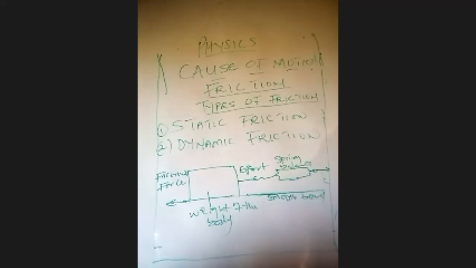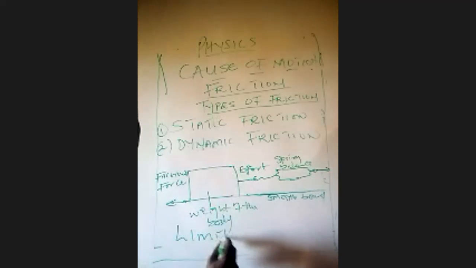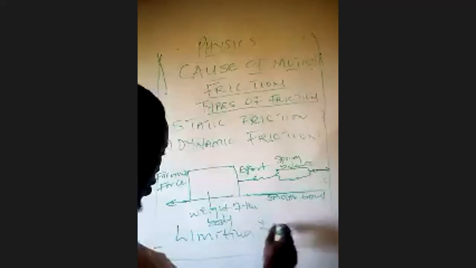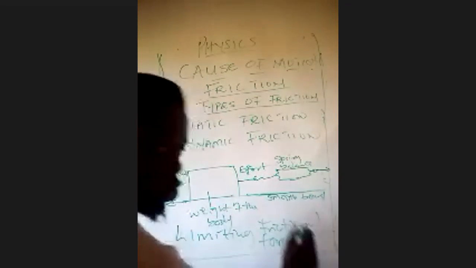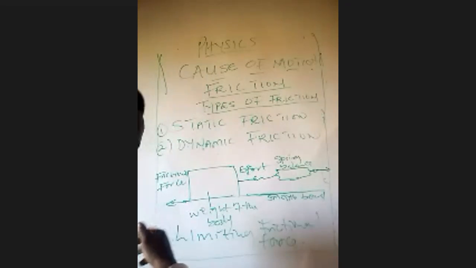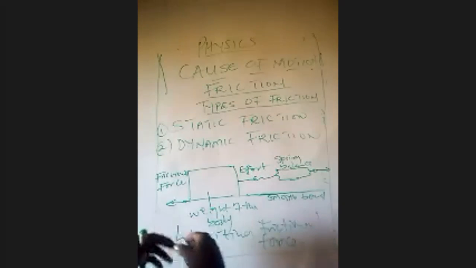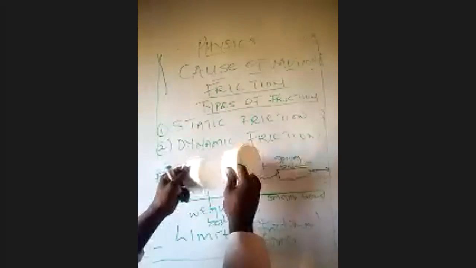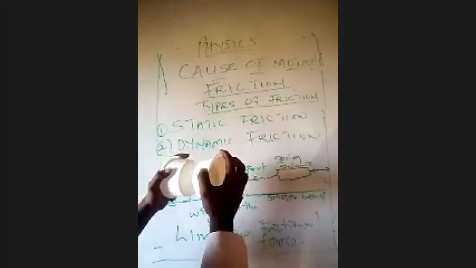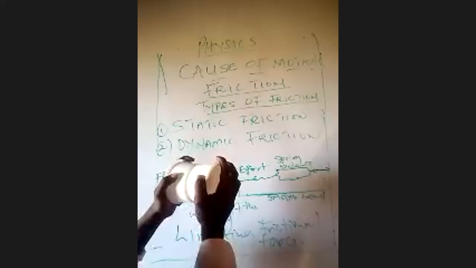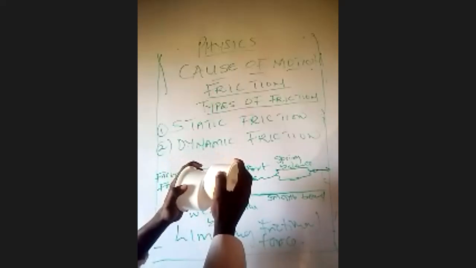Let me explain it. What is limiting frictional force? Let's assume that these two bodies are joined together, and we try to start moving one until they cross each other.